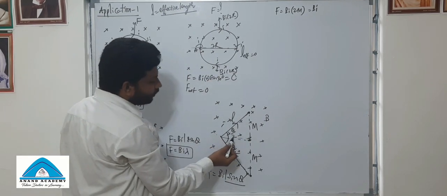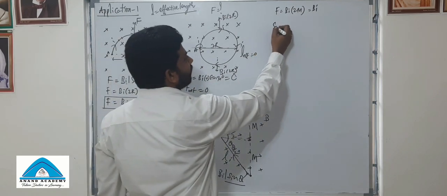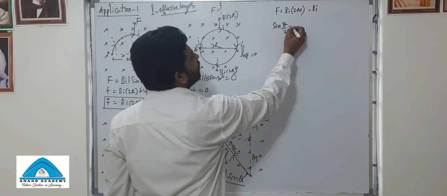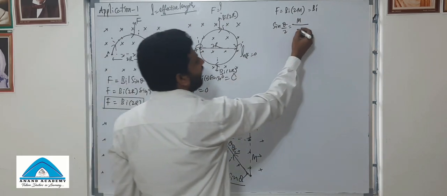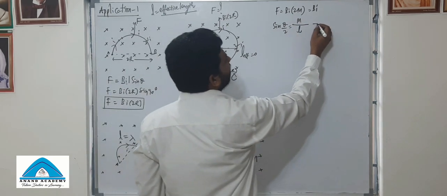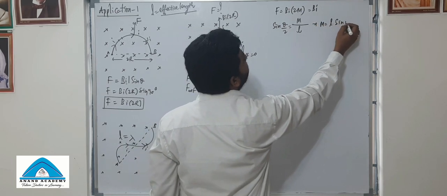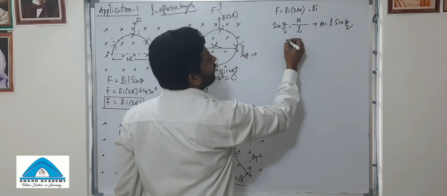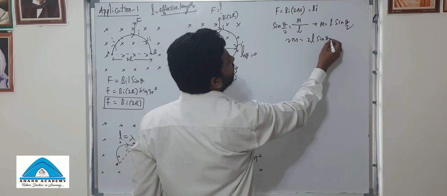So sine theta by 2, opposite side by hypotenuse. So I am writing here sine theta by 2 is equal to opposite side M by hypotenuse L, right? So M is equal to L into sine theta by 2, and 2M is 2L into sine theta by 2.